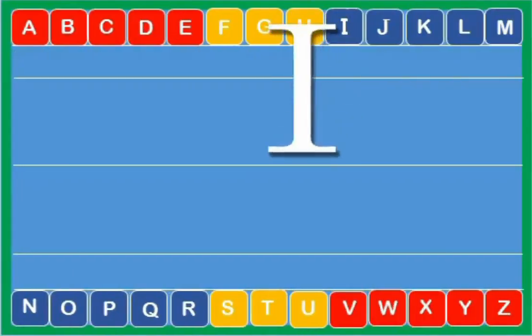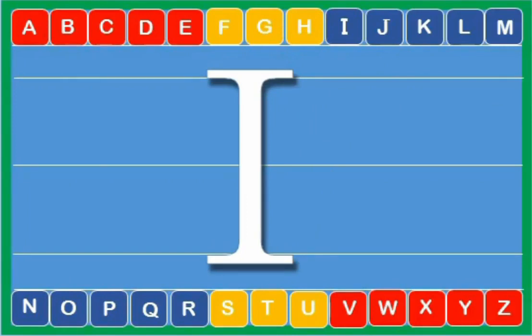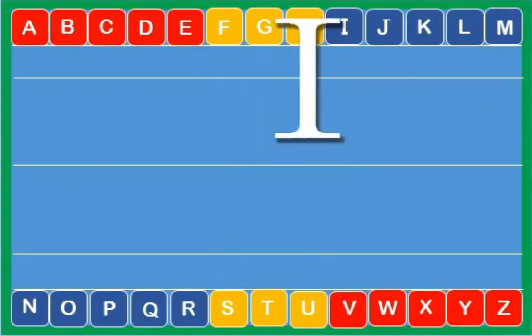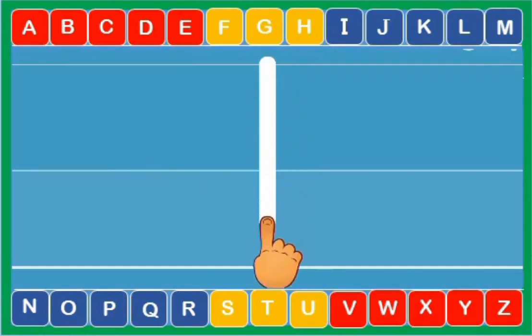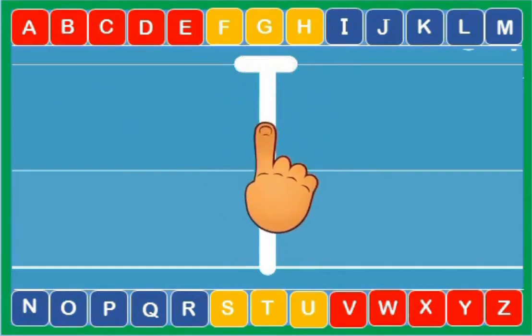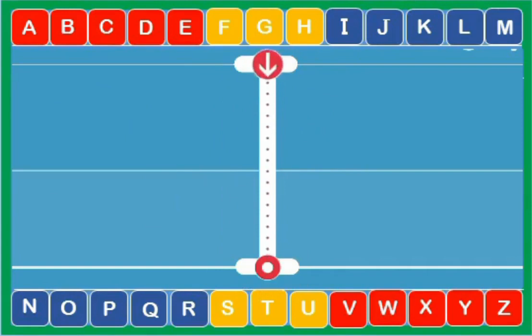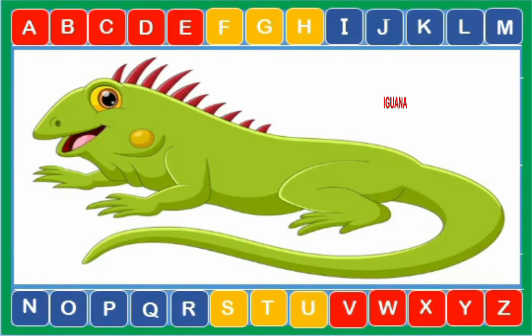Next is letter I. A stroke down, upper dash and lower dash. I for iguana.